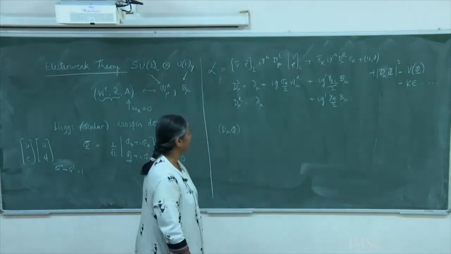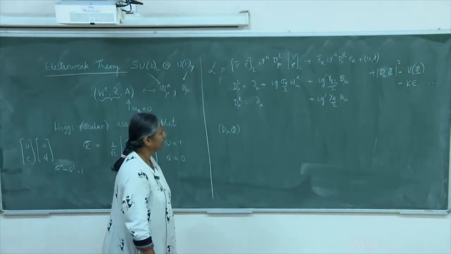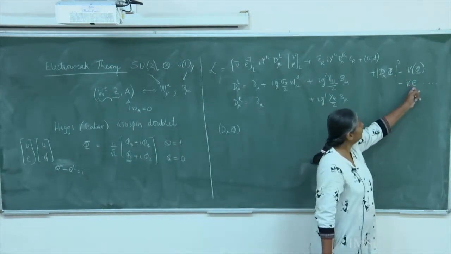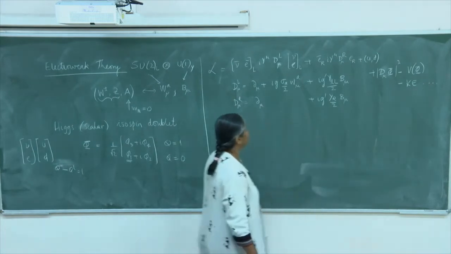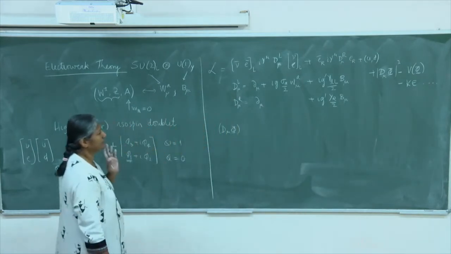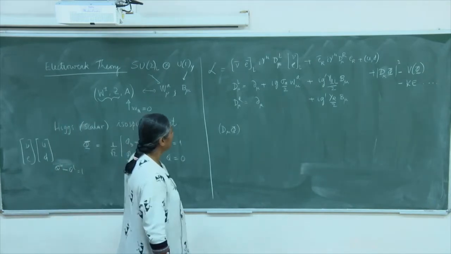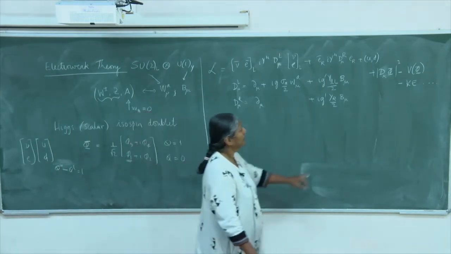Okay, all that will remain. So this will contain the kinetic energy terms of the U(1) fields, SU(2) fields, everything. So minus half trace G_mu nu^A G^mu nu, all those things which I don't care about. I am only interested in looking at D_mu phi.